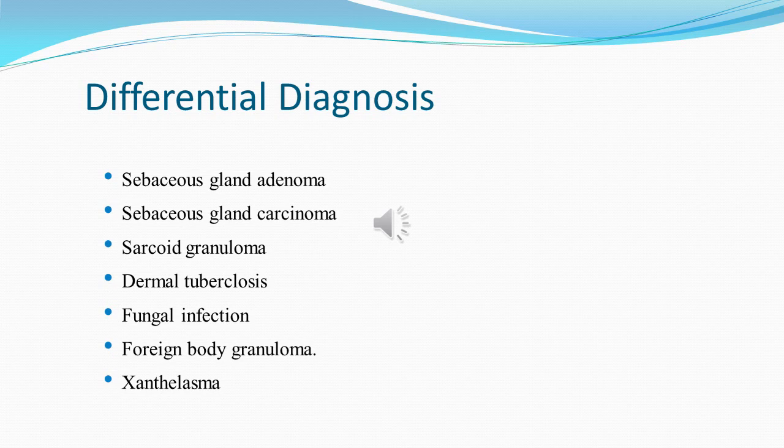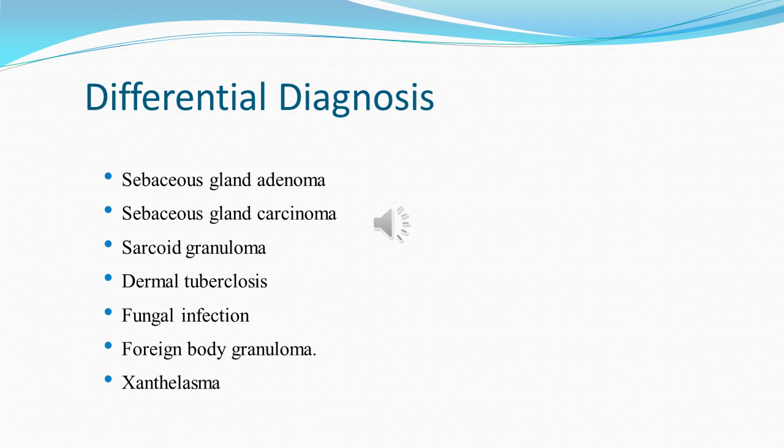The other differential diagnosis for the chalazion could be foreign body granuloma. For example, if the individual has met with an accident, a road traffic trauma or a professional trauma, as in a farmer, there may be some foreign body which has got into the lid and is causing granulomatous lesions.